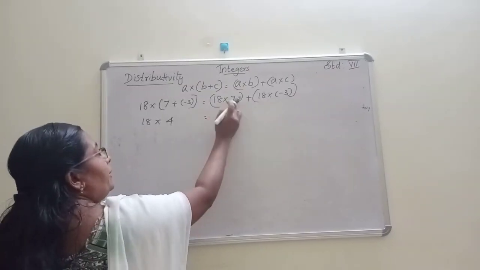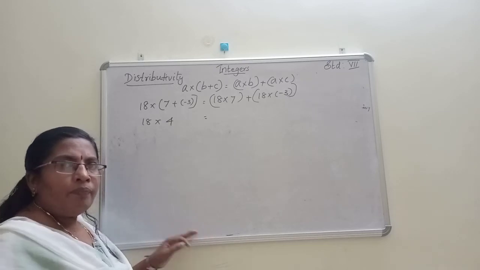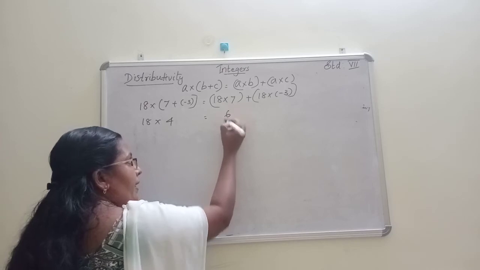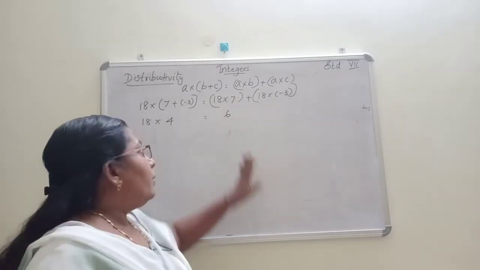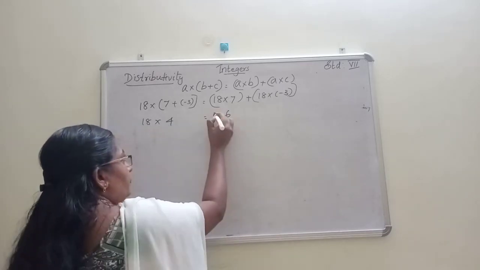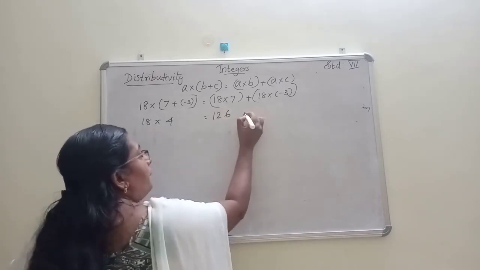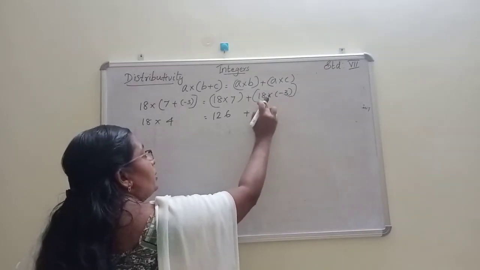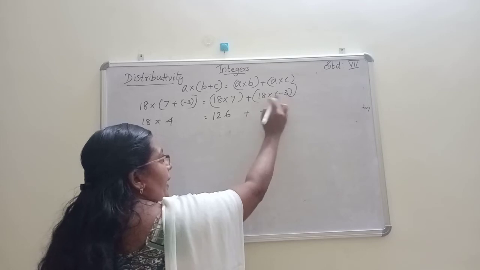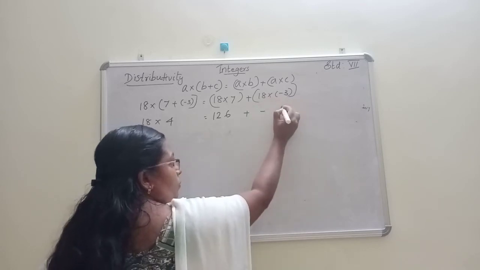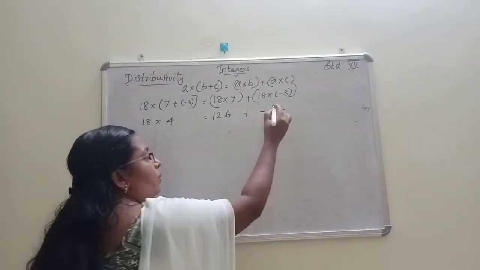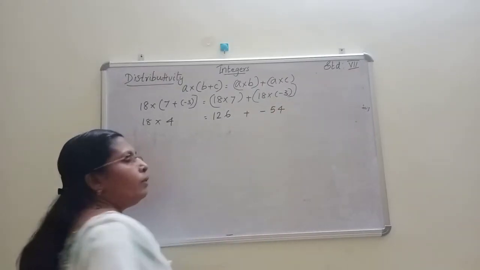Here see, 18 into 7. What is 18 into 7? 8 sevens are 56, 6, 5. Then 1 7 is 7, 7 plus 5, 12. Plus, here multiplication, different sign. So that is minus 18 3s: 8 3s are 24, 2, 3 1 is 3 plus 2, 5, 54.